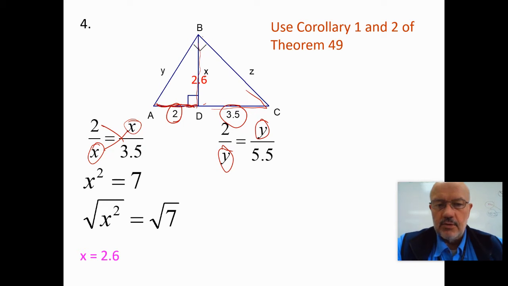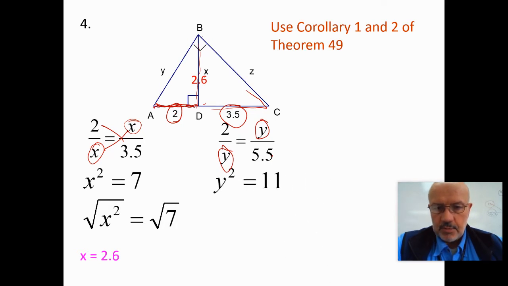So for y, the projection would be this one. It's the distance from the end of this side to the altitude here. So 2 over 5.5, 5.5 because it is the hypotenuse, 2 plus 3.5.